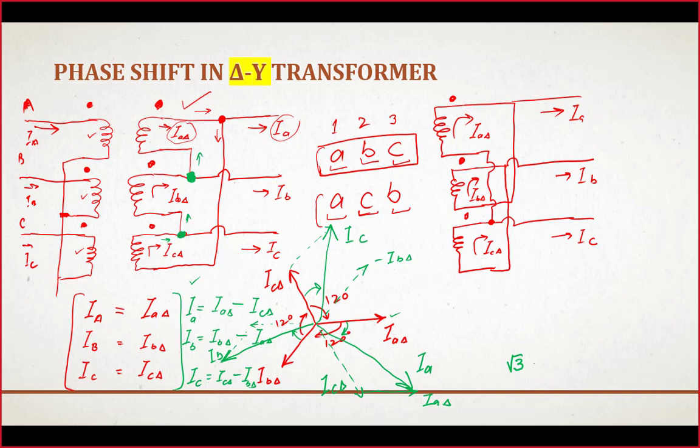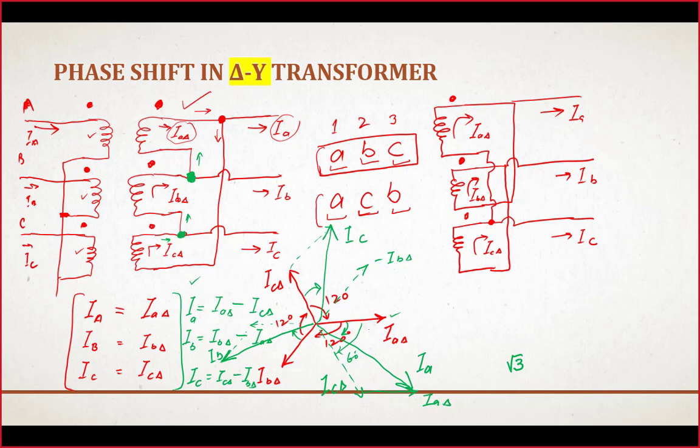Now let's analyze what this angle is. Here you can see the angle between these two phases was 120 degree. When we have taken minus C delta on this side, this total angle will become 60 degree. And here this line current phasor is exactly in between these two delta phasors, because the length of these two phasors is exactly the same.